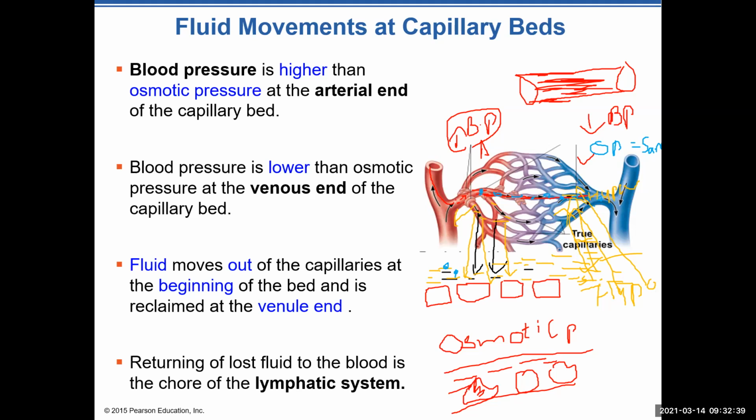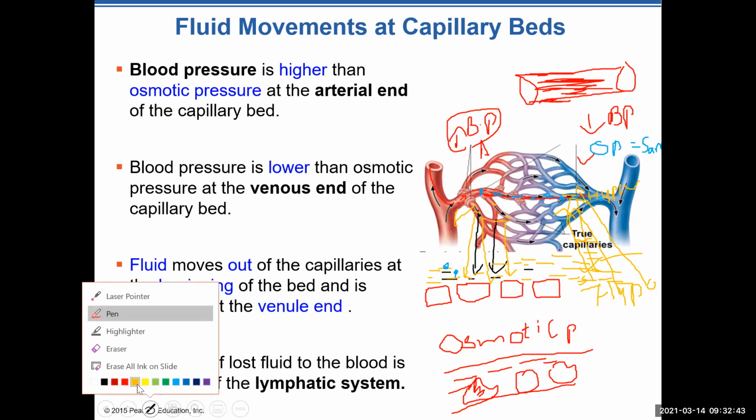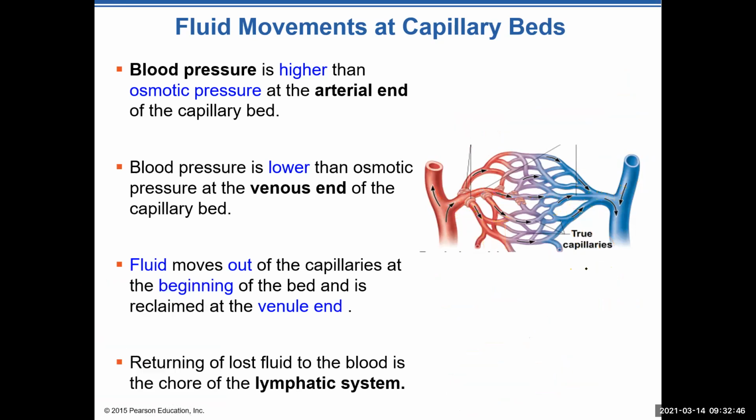What will happen now? We still have fluid outside, and we want that fluid back. We still have some amount of fluid outside. How can we get that fluid back into the blood? Because we know that it belongs to the blood, it is the blood plasma, and we need it back in the blood.